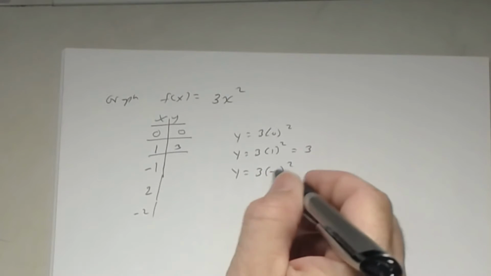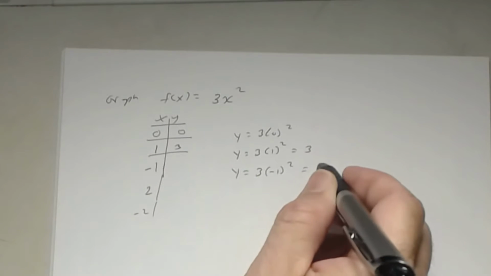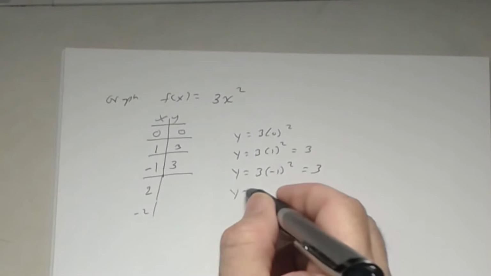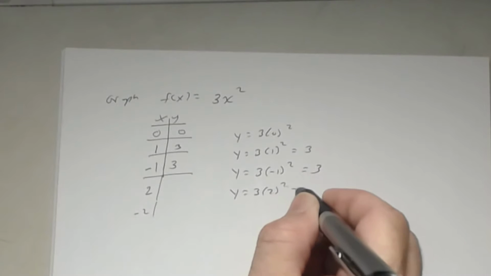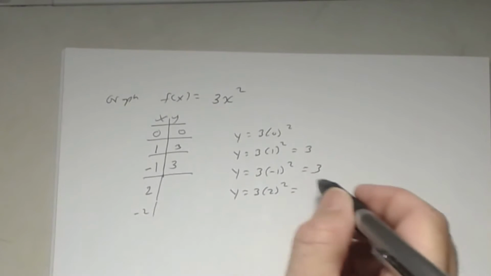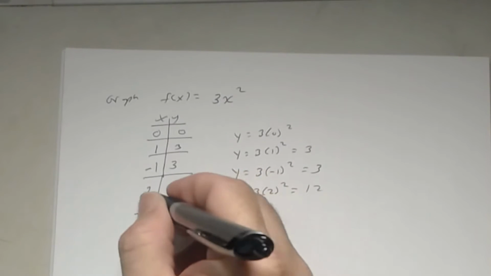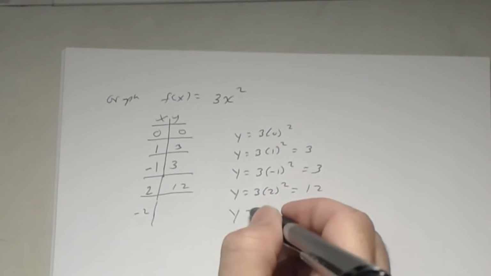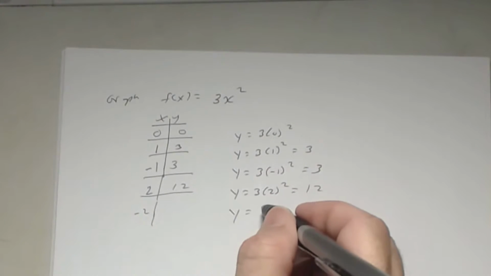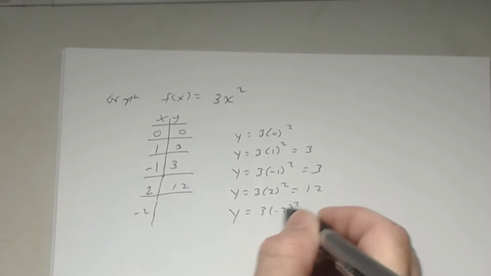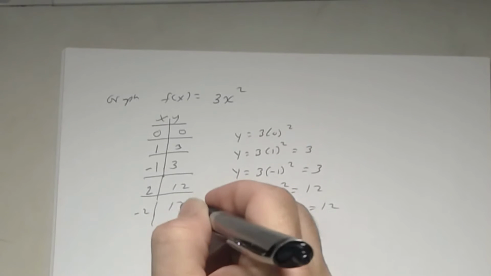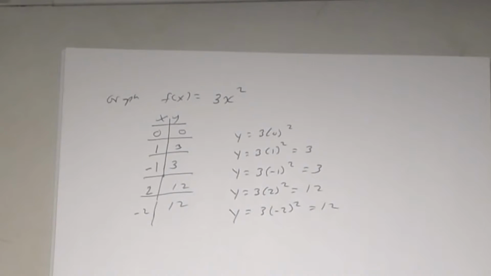What's -1 squared? 1 times 3 is also 3. When x is 2, I get y equals 3 times 2 squared. What's 2 squared? 4 times 3 is 12. When x is -2, what do you think the y value will be? 12 as well. So it's 3 times -2 squared. What's -2 times itself? 4 times 3 is 12. All right, so those are the points I have.